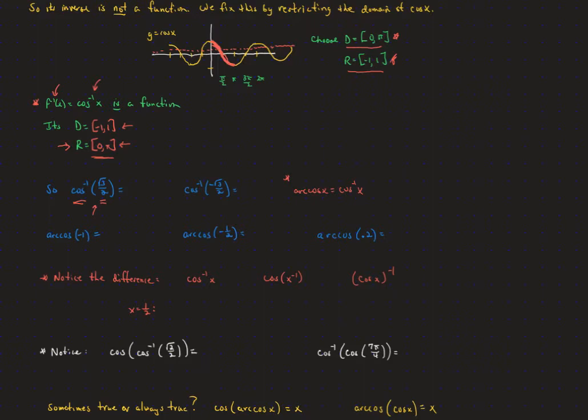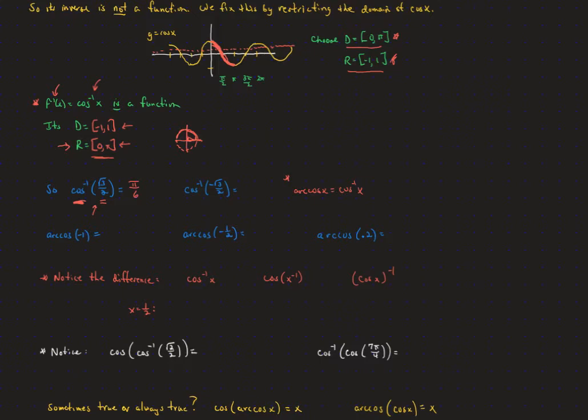So if we think in terms of the unit circle, we're talking about just this part of our unit circle that's in quadrant 1 and quadrant 2. Cosine is positive in quadrant 1, so we want the angle in quadrant 1 whose cosine is square root of 3 over 2, and that's going to be pi over 6. That is the only correct answer. It's true that cosine of 11 pi over 6 is also equal to square root of 3 over 2, but that is not a correct answer to the inverse cosine of square root of 3 over 2.